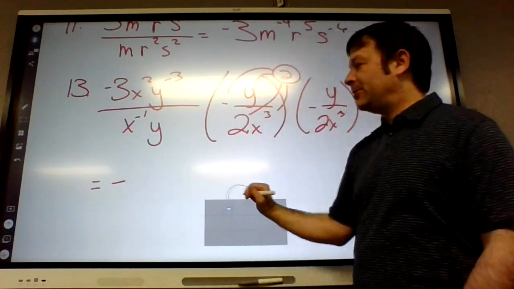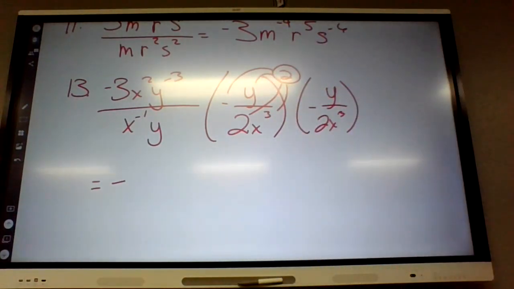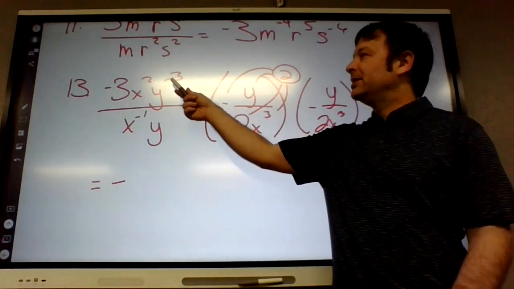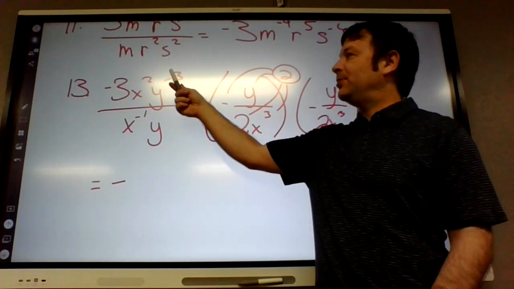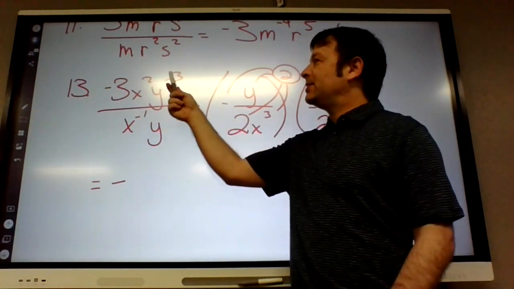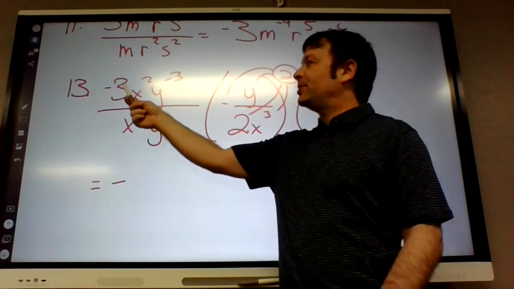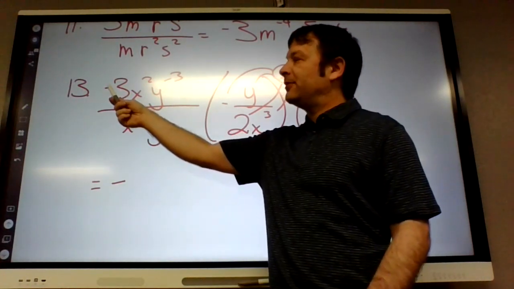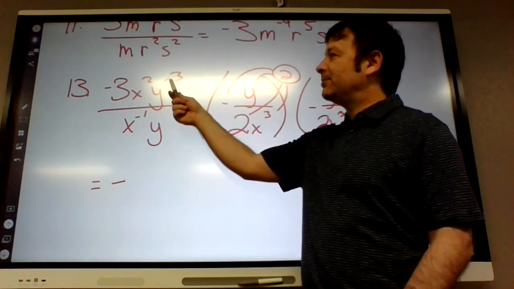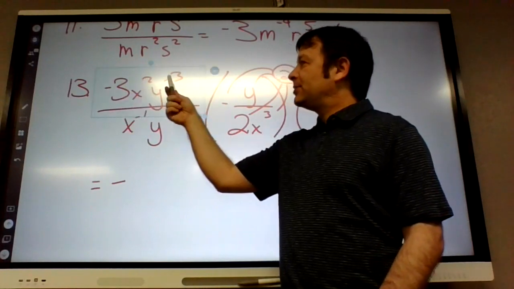Okay, so I'm just going to put a negative out there and then kind of forget about those negatives. I'm not talking about the negatives in the exponent. This means something totally different. These two really don't affect each other at all. Negatives in the exponents do not affect the negative of the problem. I know that's confusing, but these negatives are totally different than those.